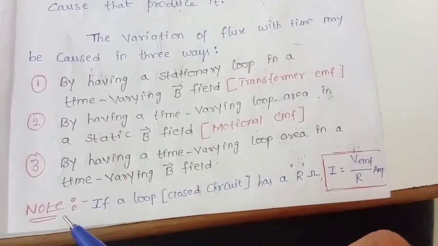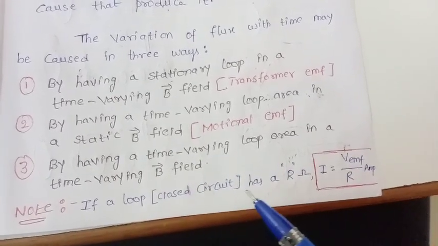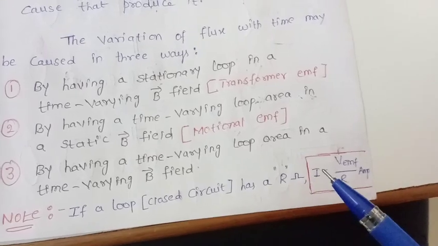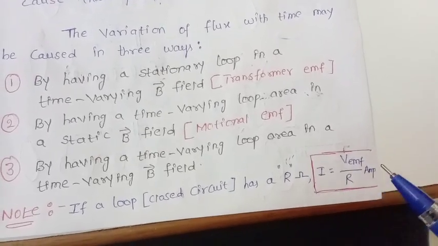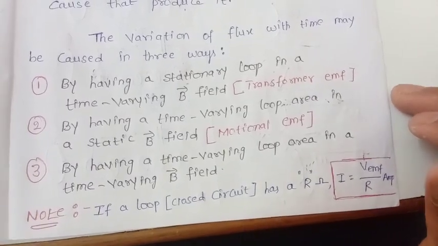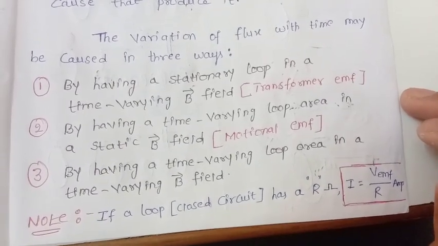Very important note, if a loop or closed circuit has a resistance R, then the induced current is equal to the induced voltage upon the resistance, in amperes. This is nothing but Faraday's law and Lenz's law.